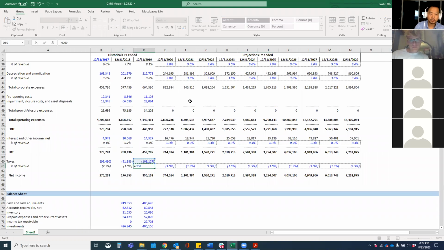And taxes are a percentage of earnings before taxes. Tax rate. I don't know why. Oh, yeah, there's a tax bill, right?